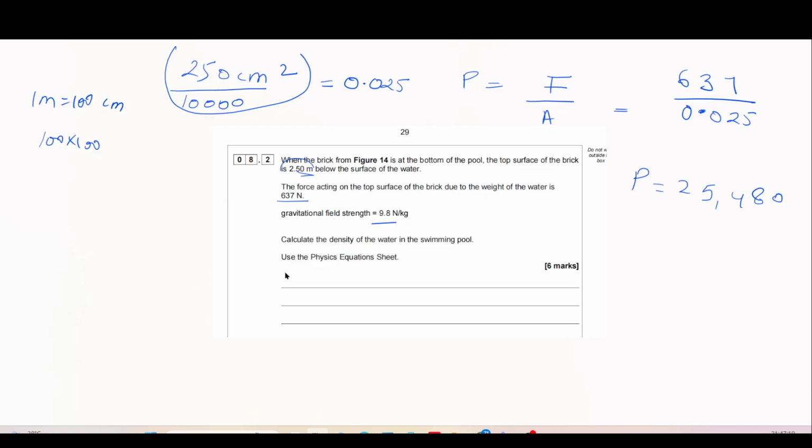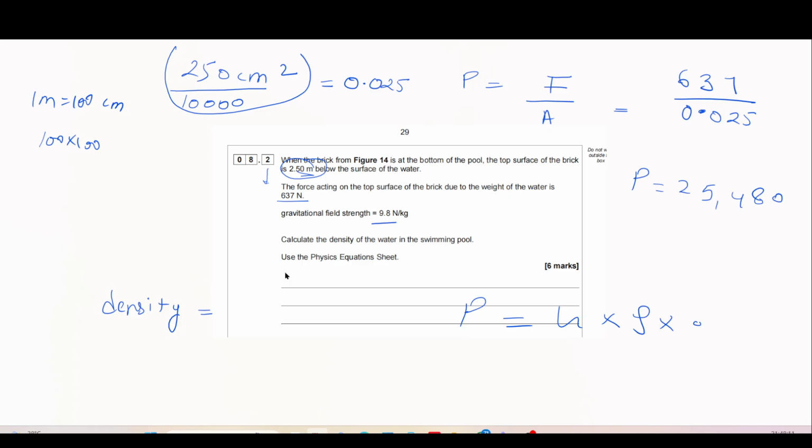Now we need to check a density formula which includes pressure, gravity, and this depth. Pressure due to the column of liquid equals height times density times gravitational field strength.